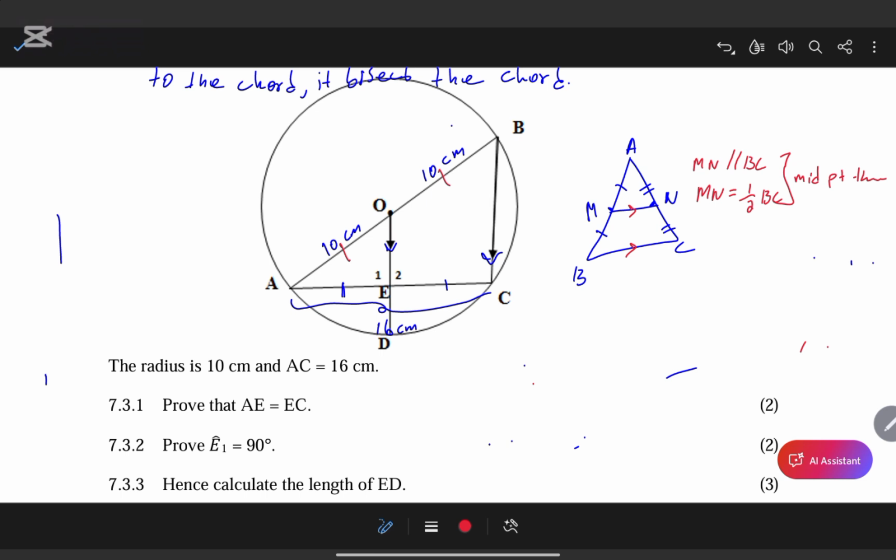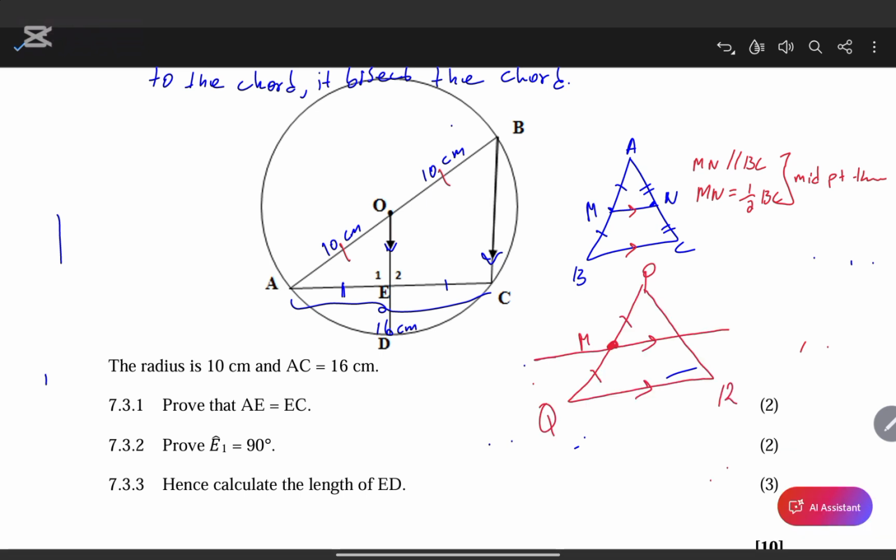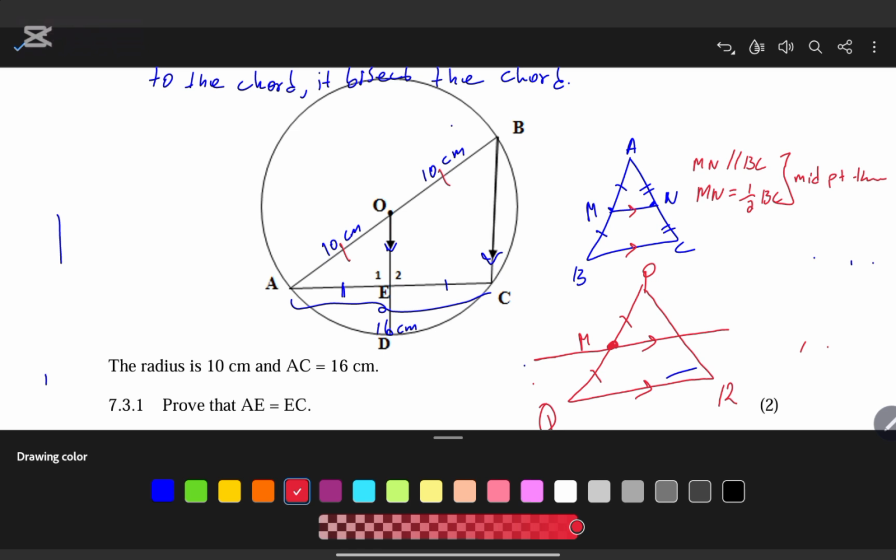But what does the converse of the midpoint theorem say? Let us look at this triangle. So the converse of the midpoint theorem says if there is a line going through the midpoint of a side of a triangle parallel to the other side, it bisects the third side. So what that means is that this line that is passing through the midpoint of PQ will automatically bisect the third side of this triangle, which is PR.